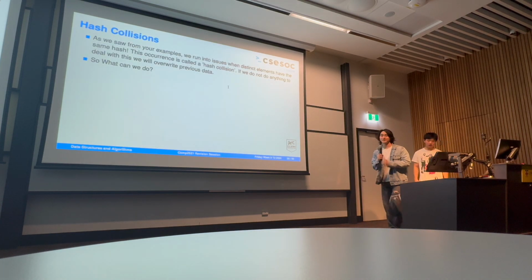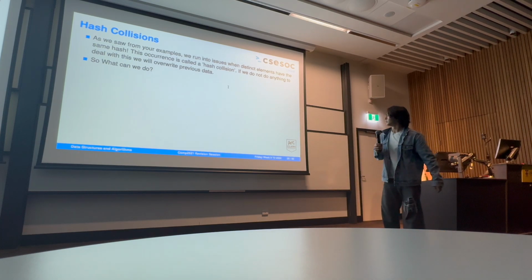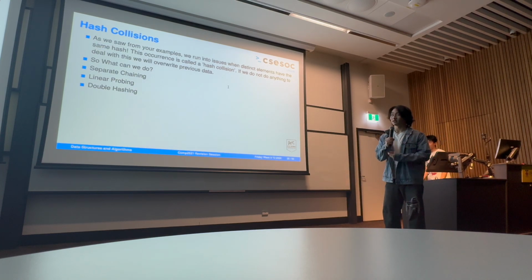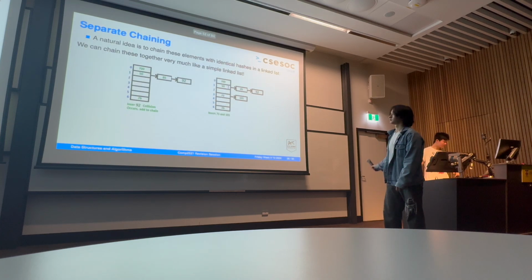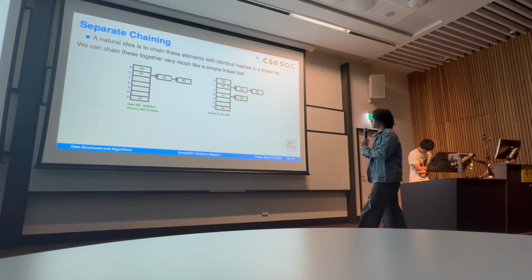So, as you can see, your first example gave us a hash collision. What will we do? We have separate chaining, linear probing, and also double hashing. Separate chaining, I think this idea is pretty intuitive.